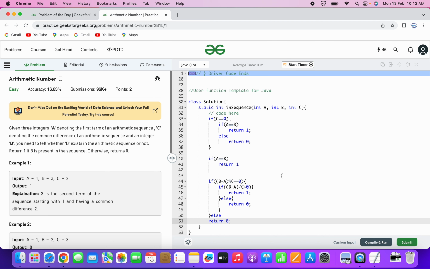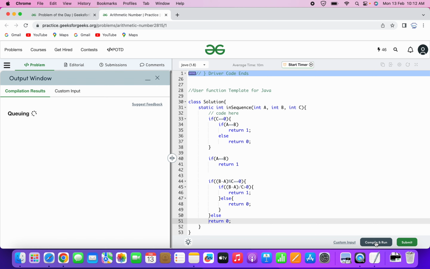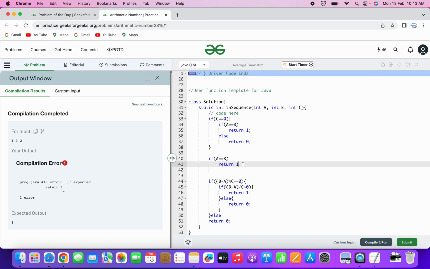Okay, so here I think we have covered all the cases here. So now let's try compiling this code. It is saying semicolon expected. Okay, sorry, the semicolon was expected because it is a statement that has to end with a semicolon.